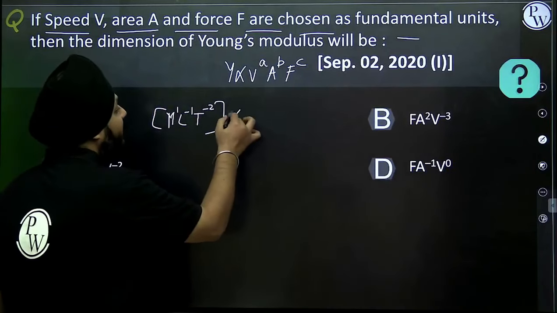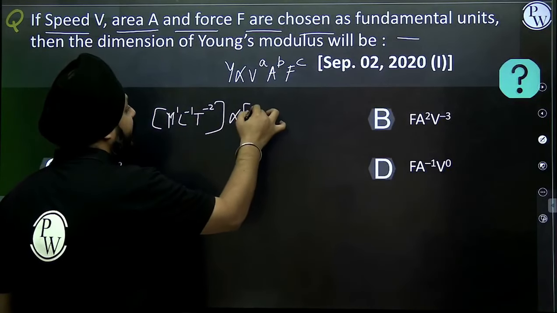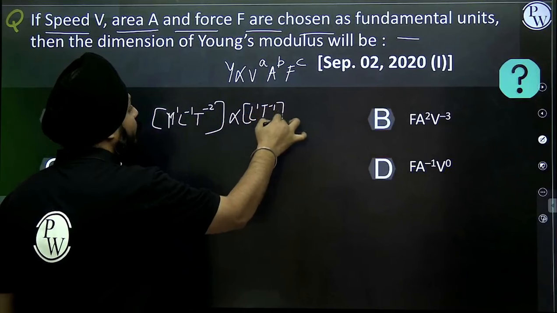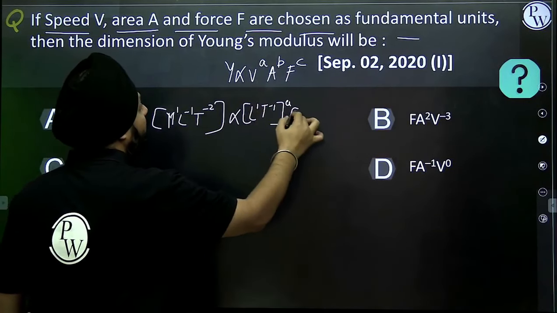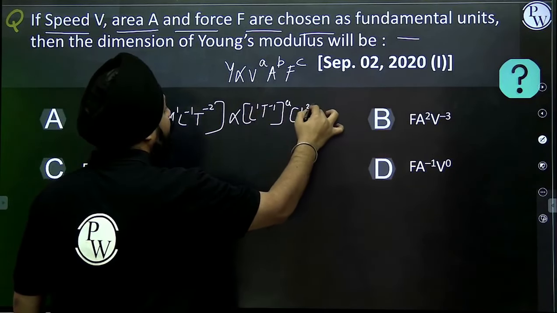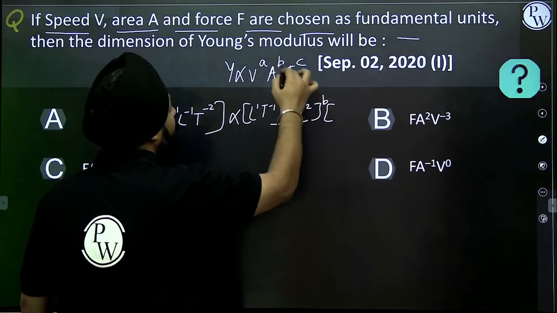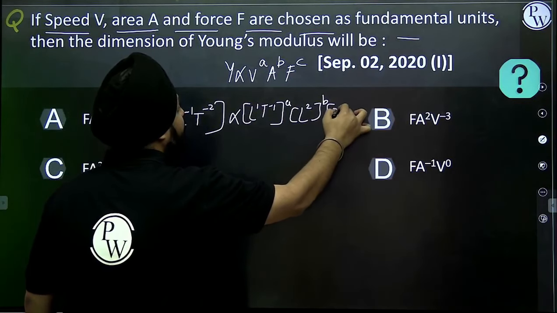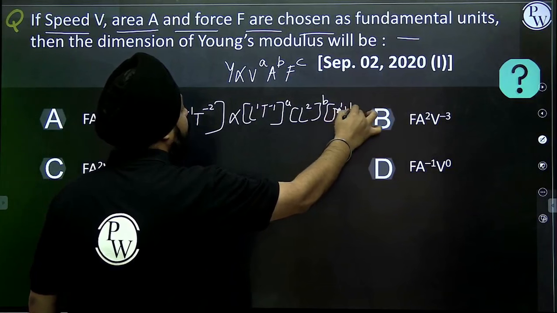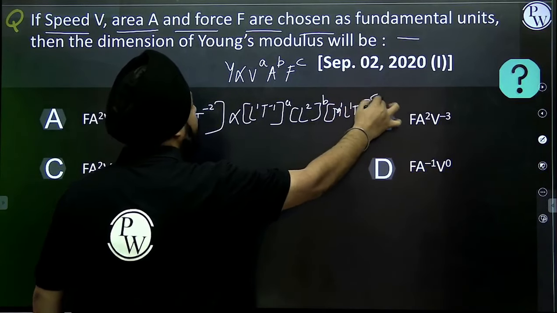On the right side, what is the dimensional formula of velocity? L1 T minus 1 whole to the power a. What is the dimensional formula of area? L to the power 2. What is the dimensional formula of force? That is M1 L1 T minus 2 whole to the power c.